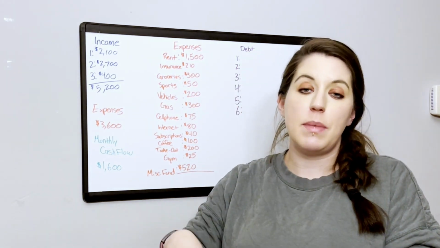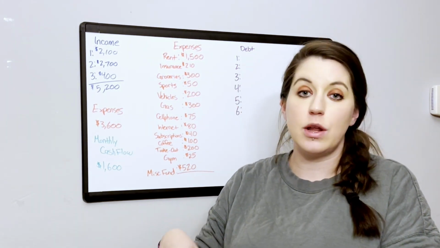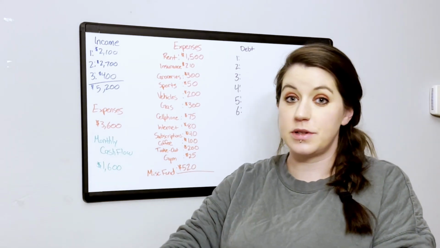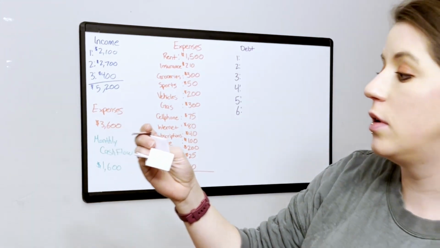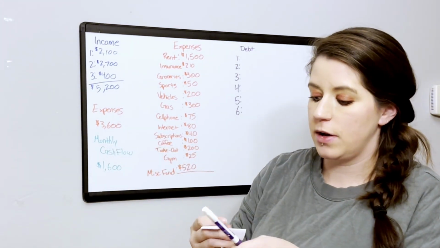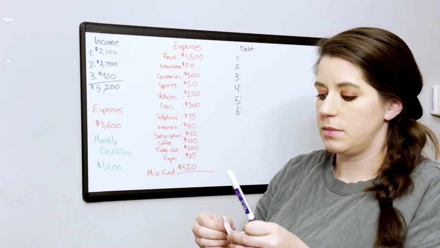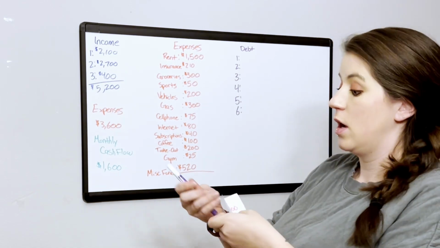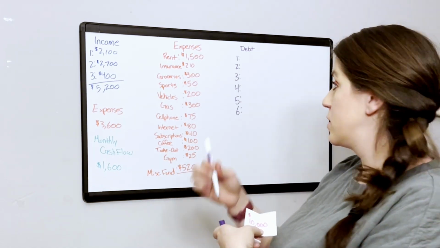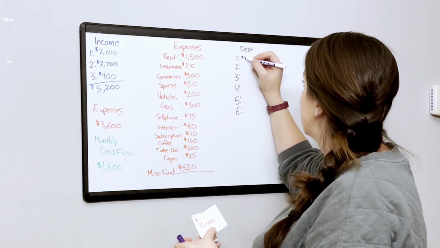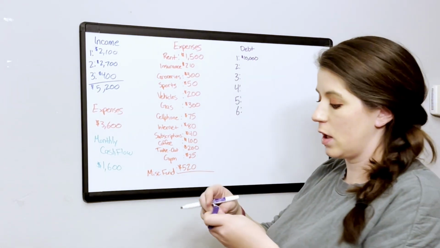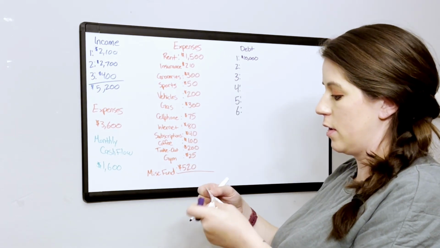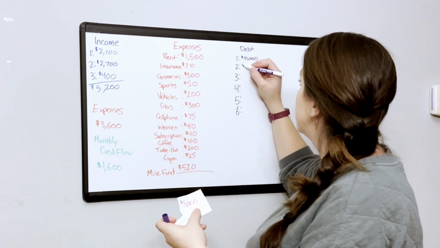So this is just amounts written on a piece of paper. They can vary anywhere from $200 to $100,000. So I'm just going to grab a handful and we'll start figuring out some debt amounts. Our first debt amount is $10,000. Then we have $5,000.